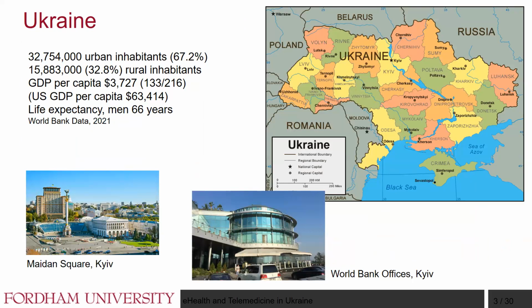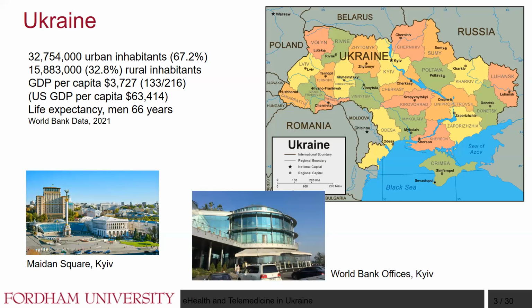So just setting the scene, there's a map of Ukraine with all its sovereign territory intact. Pictures at the bottom there are Maidan Square in the center of Kyiv, and the World Bank offices in Kyiv, both of which are a little bit relevant to what we'll talk about later. Ukraine itself has a total of about 45 million people, with about 60 million rural inhabitants.